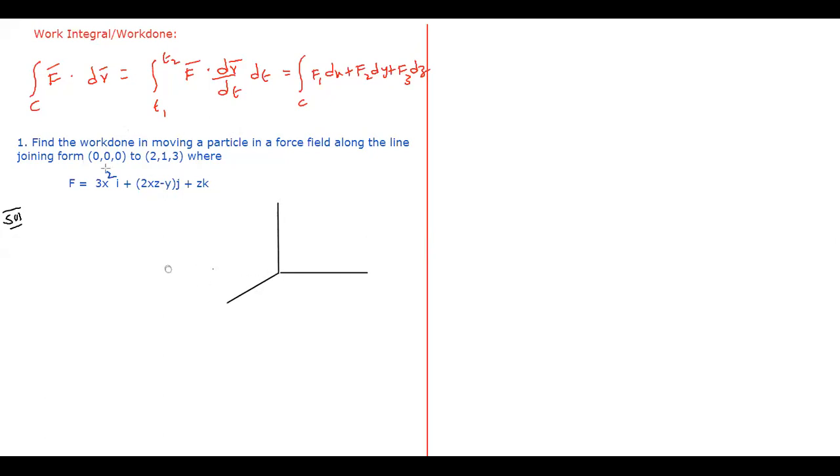Okay, so you have a straight line from (0, 0, 0) to (2, 1, 3). Since 2, 1, 3 are all positive, it will be in the first octant. The curve may be like this.